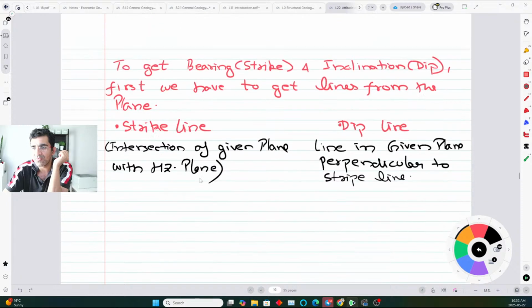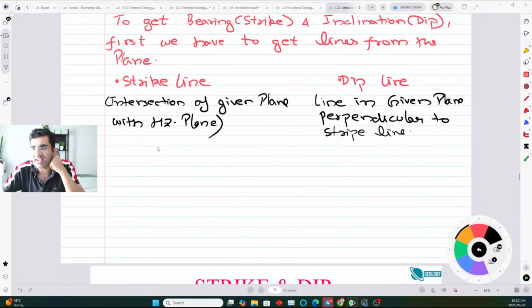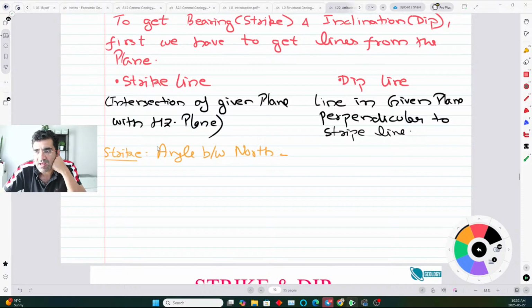So once you get the strike line, what is the strike? It is the angle between north and strike line. So this is the bearing.